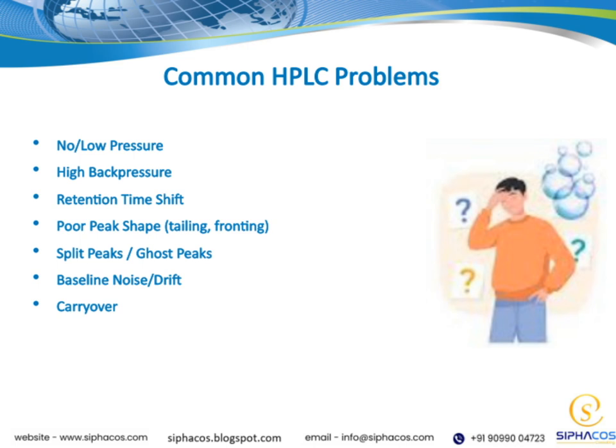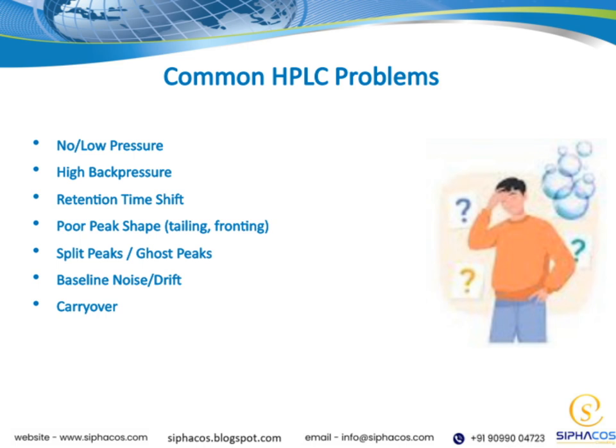It means your peaks are not appearing where you expect them to, which can throw off your results. Poor peak shape, like tailing or fronting, can make quantification tricky and often points to issues with the column or sample preparation. You might also see split peaks or ghost peaks. These are extra, unwanted signals that can confuse your interpretation.